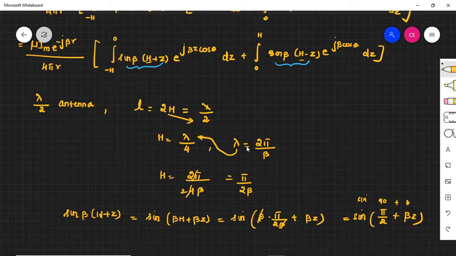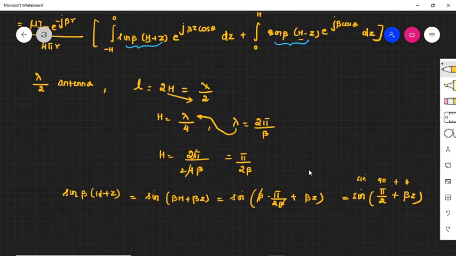And we know that sine of 90 plus theta is equal to cos theta. So let us replace this term. This is nothing but cos of beta z, where my theta value is beta z. Now similarly, when you find sine beta of h minus z, I will get the same cos beta z. So this term also becomes cos beta z.